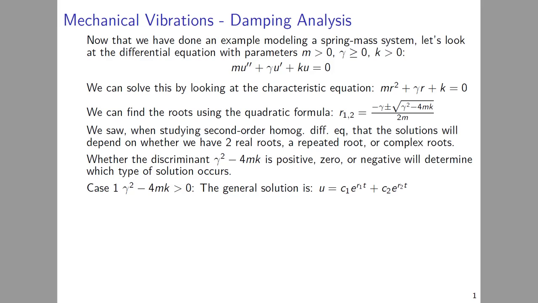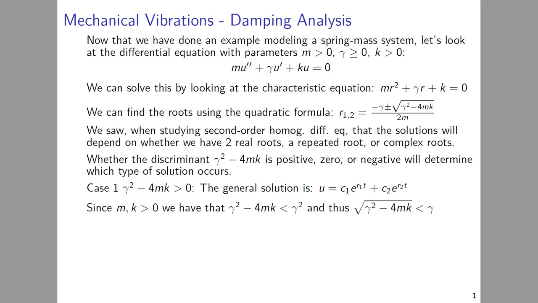In case 1, where gamma squared minus 4mk is positive, the general solution is given by u equals c1 e to the r1t plus c2 e to the r2t, since the roots r1 and r2 will be distinct real values. But we can find out more about r1 and r2. Since m and k are both positive, we have that gamma squared minus 4mk must be less than gamma squared.